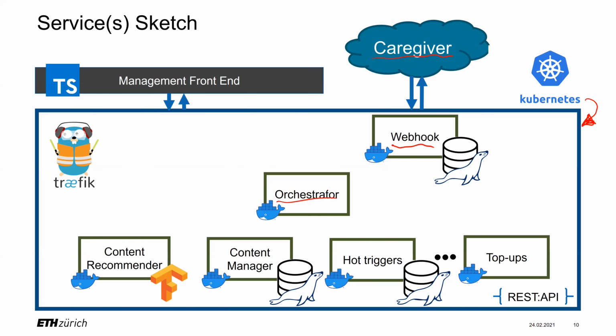For example, here we have the content recommender that has its own machine learning model in order to choose which content to serve to the caregiver. And there is the content manager that needs a database to store the content itself. It could be articles, healthcare advice, or sessions.